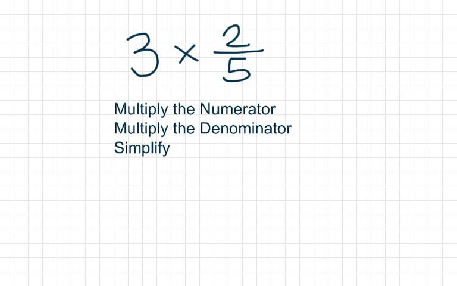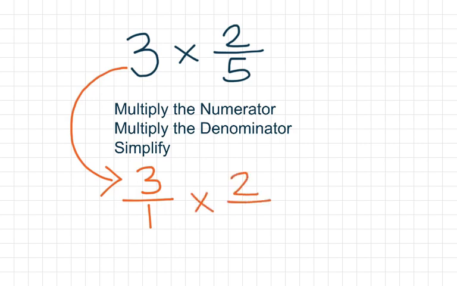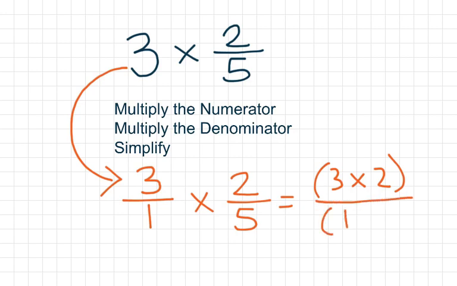The main thing to remember is that a 3, the whole number, is equivalent to 3 out of 1, written as a fraction, times 2/5 equals 3 times 2 over 1 times 5.